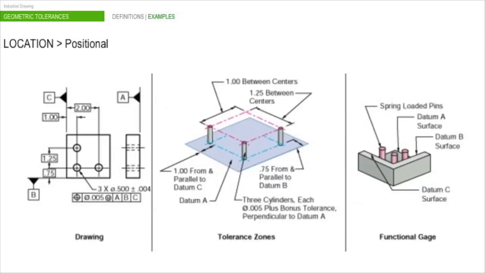The concept is there is an exact or true position that the feature would be if it was made perfect. However, since nothing is made perfect, a tolerance zone allows deviations from perfection. The exact location of a feature of size is defined by basic dimensions, which is shown in a box, as you can see in the image, and are established from datum planes or axes.